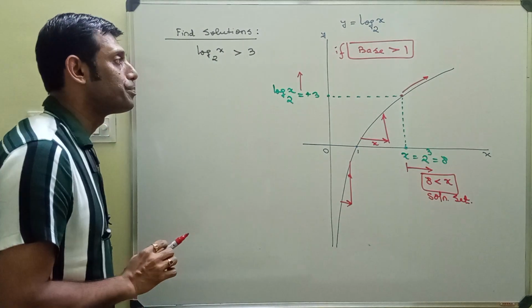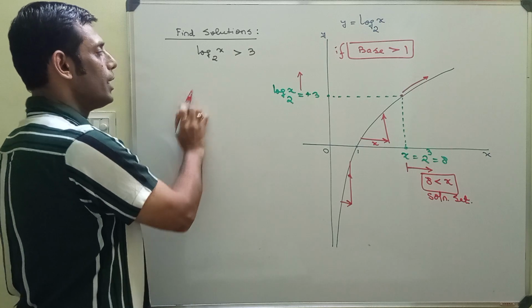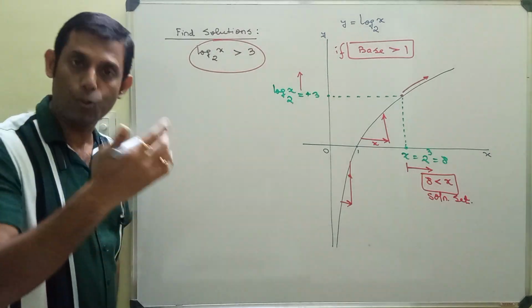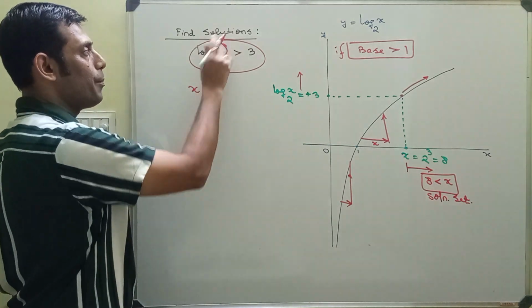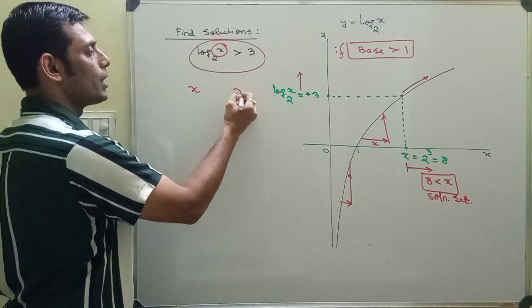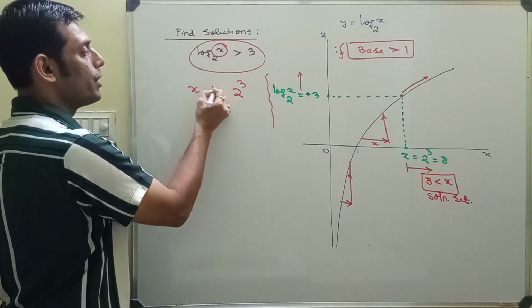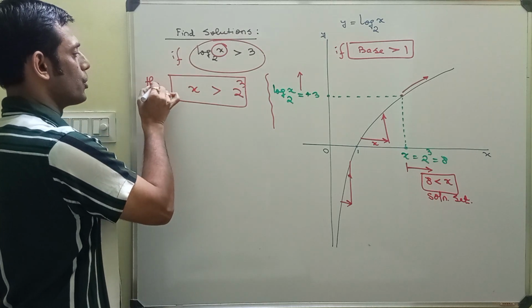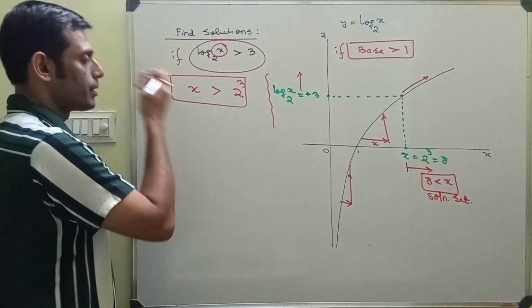That means, if you want the log value to be greater than 3, then if I convert this inequality directly to an exponential form like this, x compared with 2 power 3, the inequality remains same. If this happens, then this is going to happen. And you can see this on the graph. You can see it here. x greater than 2 power 3.